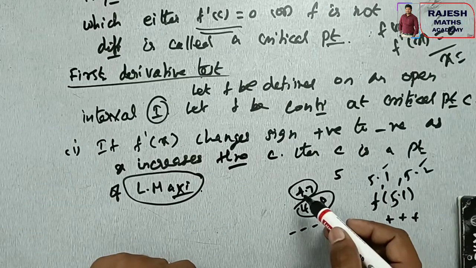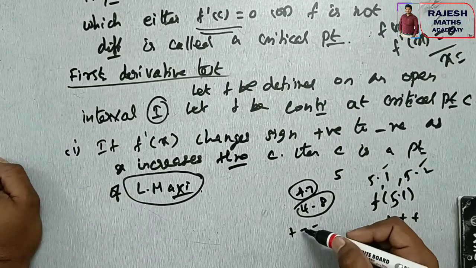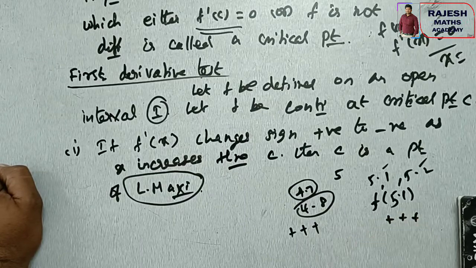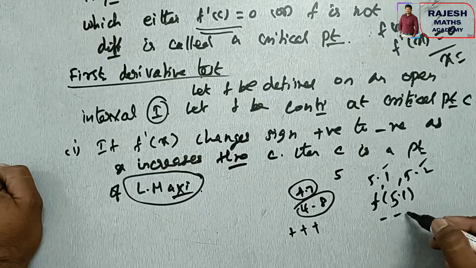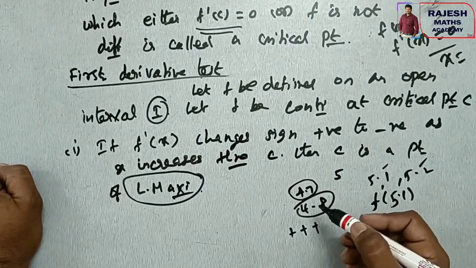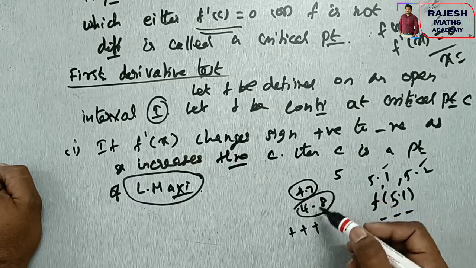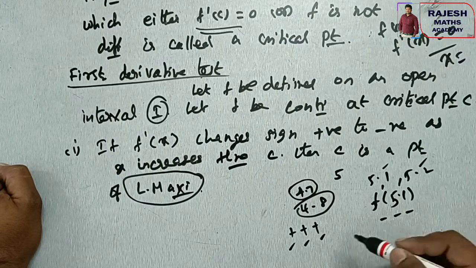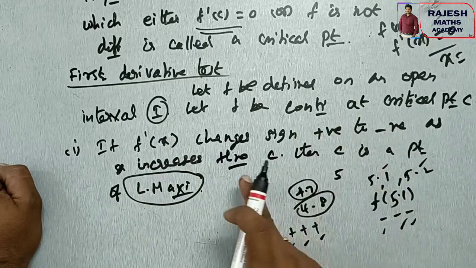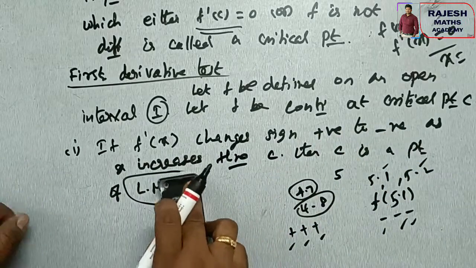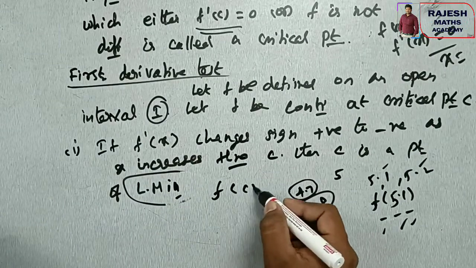If f dash of 4.7, 4.8, 4.9 are positive, and f dash of 5.1, 5.2, 5.3 are negative, then from the left side of 5 to the right side of 5 the f dash values change from positive to negative. So we can say that f of C is the local maximum value.